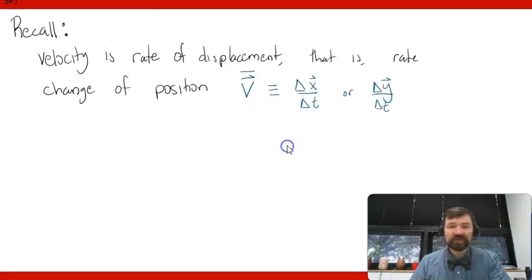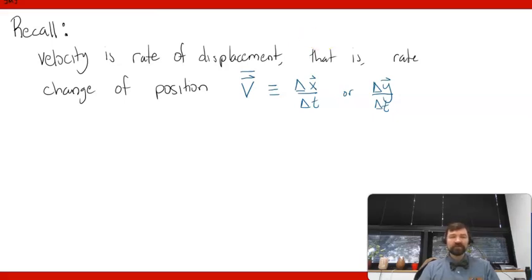That means that we can define it as delta x over delta t, or delta y over delta t, or delta z over delta t, if we're looking in one dimension. So this defines velocity. And we've even discussed a little bit about what happens if you have constant velocity motion. So what does acceleration add to this picture?